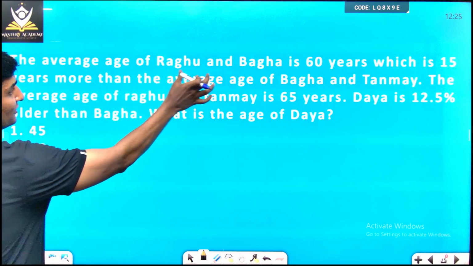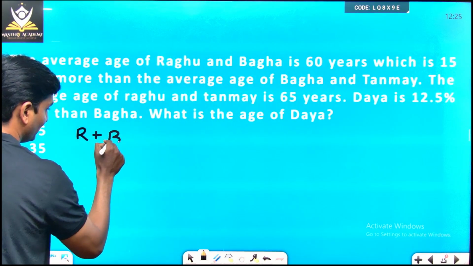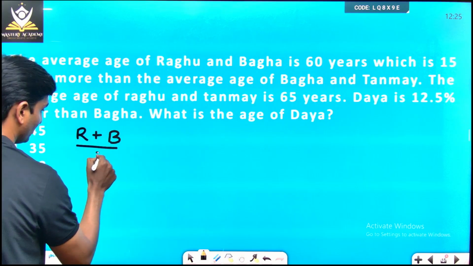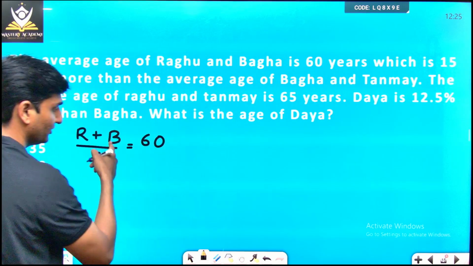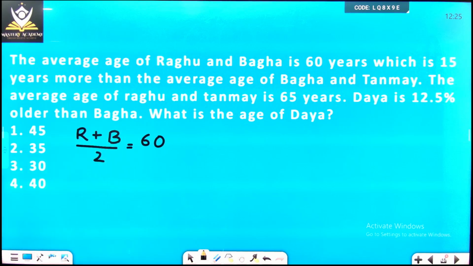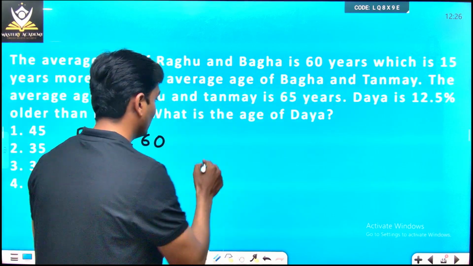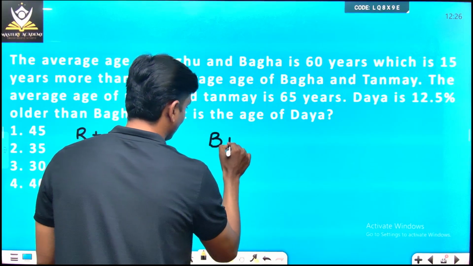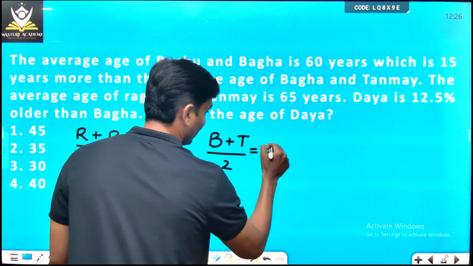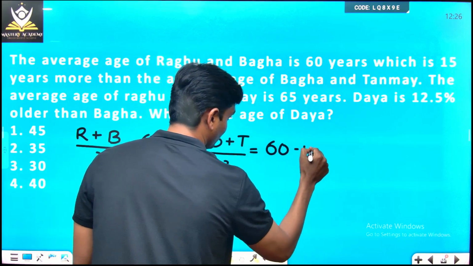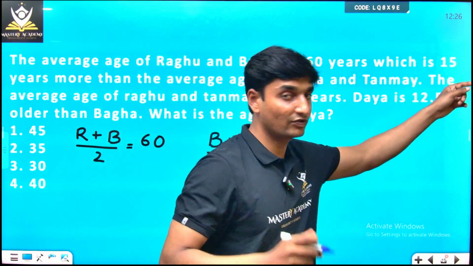See, the average age of Raghu and Bagha. So Raghu and Bagha, average age is given by what? Sum divided by number of elements, and that is given to be 60. This is the average age of Raghu and Bagha, which is 15 years more than the average age of Bagha and Tanmay. So average age of Bagha and Tanmay will be what? Sum divided by number of elements, and that I can write as 60 minus 15. Yes, because it is given in the question, 15 more.